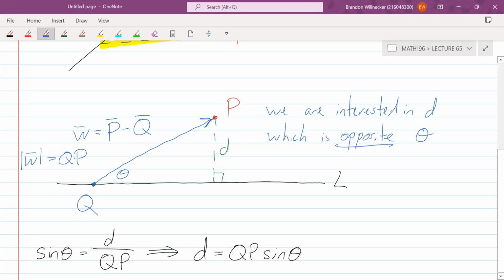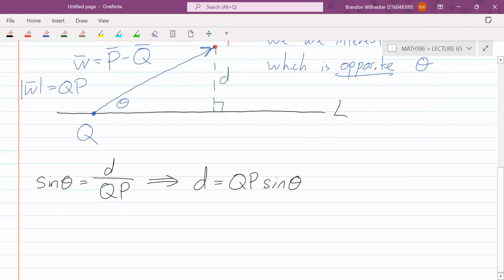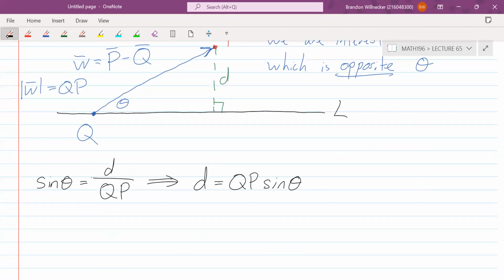Okay, so what we want to do is now find a relationship between all of these things. Okay, so I'm not going to prove this property here. You're going to be doing that for homework. So let's just put this down as a little homework exercise.